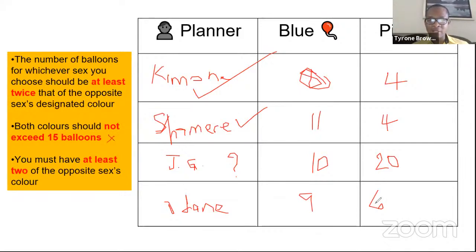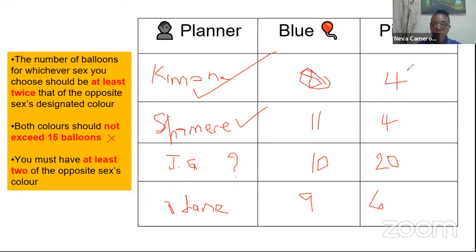So let's look at Ordain. Did anybody have any problem with Ordain's suggestion? Did Ordain meet all our requirements? No, let us look at what Ordain has. Okay, we're seeing that it's twice.